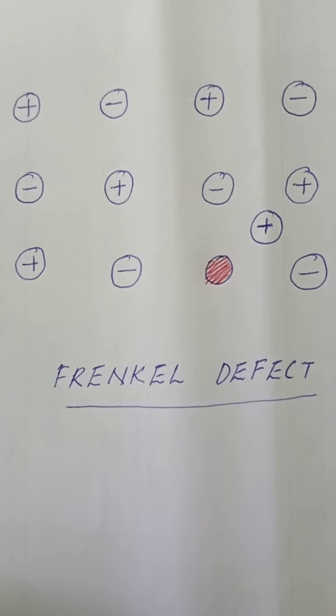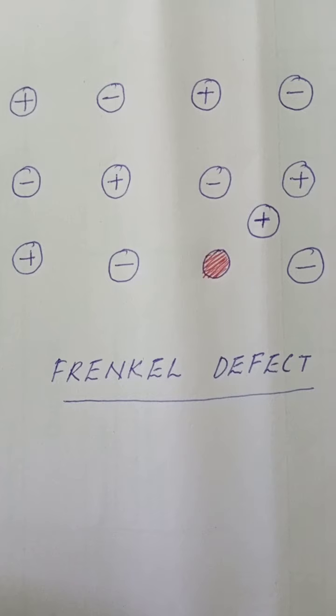Let us discuss stoichiometric defects in ionic solids. Rather than simple vacancy or interstitial defects, ionic solids show these defects as Frenkel and Schottky defects. Frenkel defects.